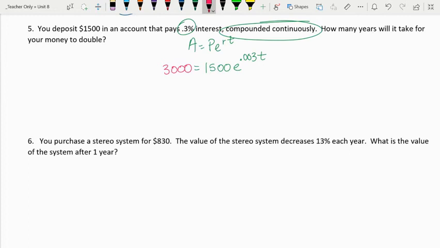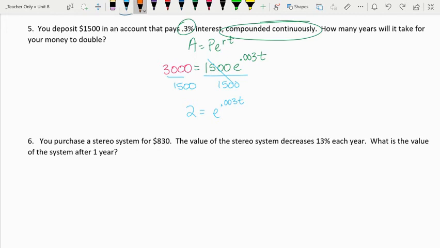Technically, you can jump straight to this next part instead. If our money is going to double, that means when we divide by 1,500, we would get 2, because 2 is double and this is technically a 1. It'll always reduce to that if you're doubling, but whatever way you want to go is fine.